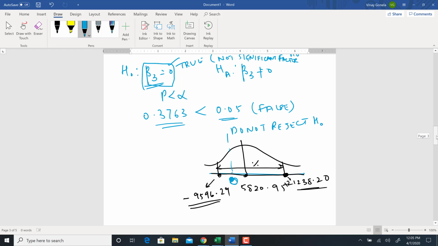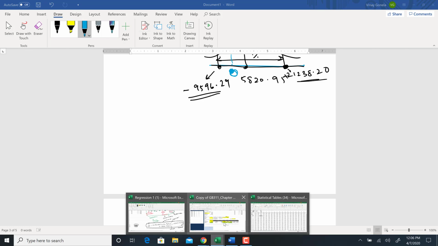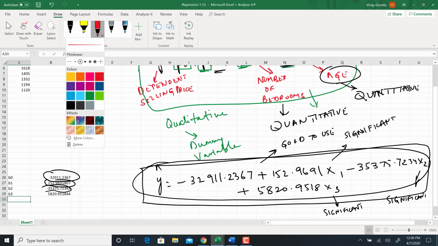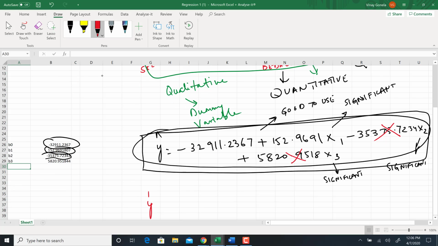Why is this important? This means our equation can be reduced. This is our equation. Since we know x2 and x3 are not important factors, we can throw them out, and our equation would be y hat is equal to negative 32911.2367 plus 152.9691 x1.